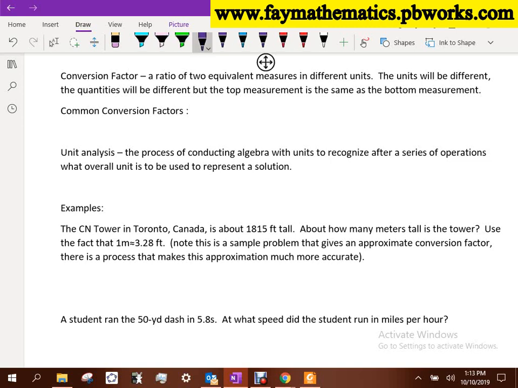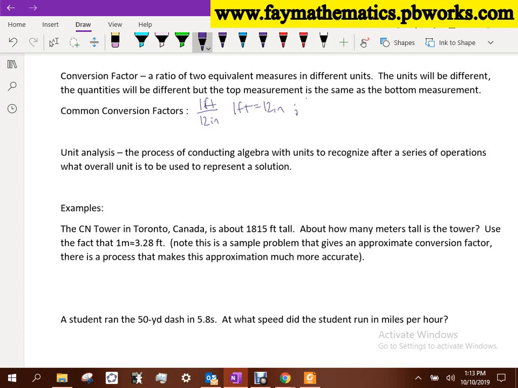Okay. So common conversion factors, you know, 1 foot for every 12 inches, right? Sometimes you'll see it written 1 foot equals 12 inches, something like that. Either one of these is fine. What about, we'll just write a couple here.